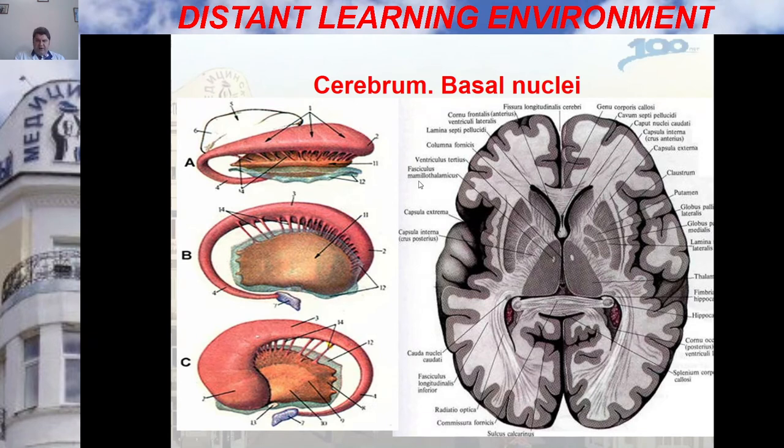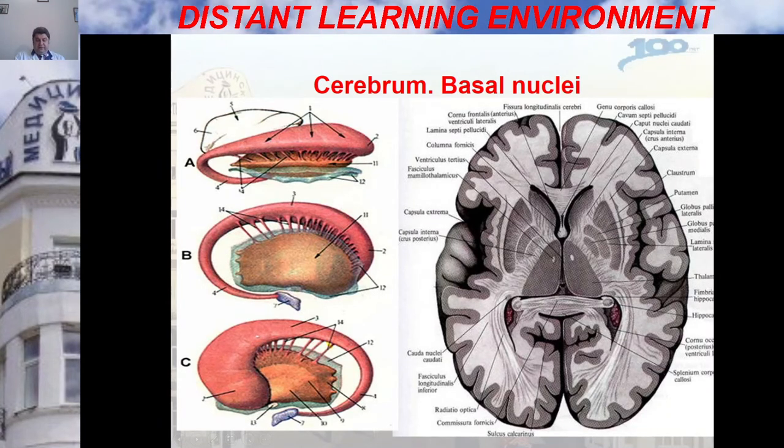Next, we will talk about the claustrum. You may see this part here on this horizontal section. So, the claustrum is a thin sheet of gray matter in the region of the insula. You may see insular cortex here, between it and putamen.